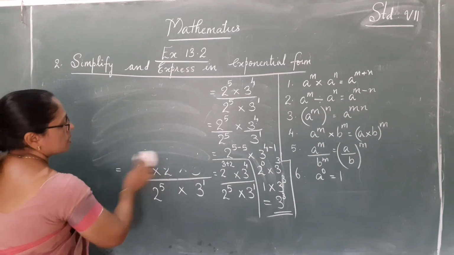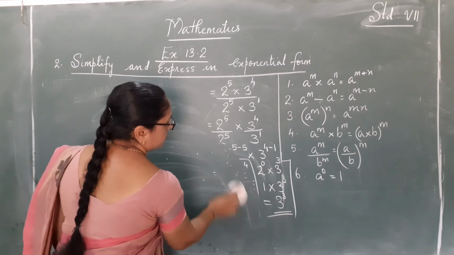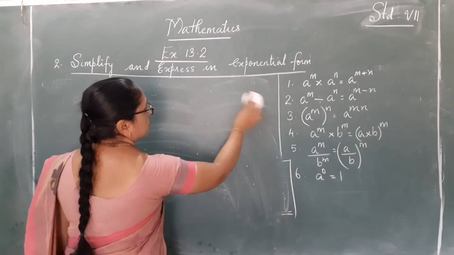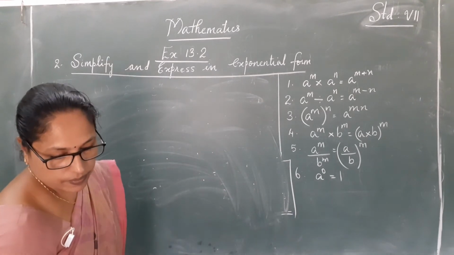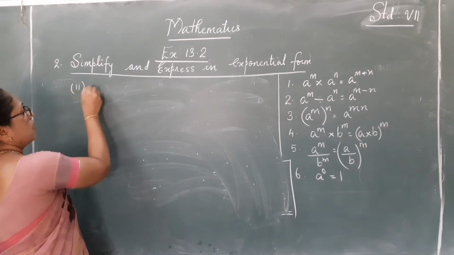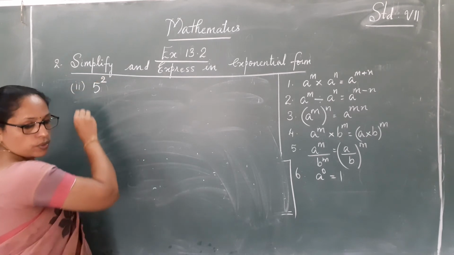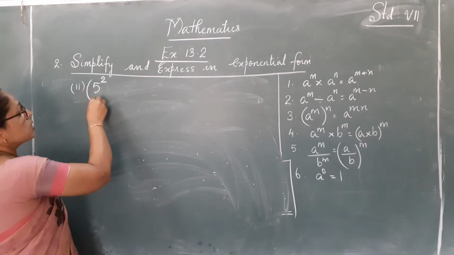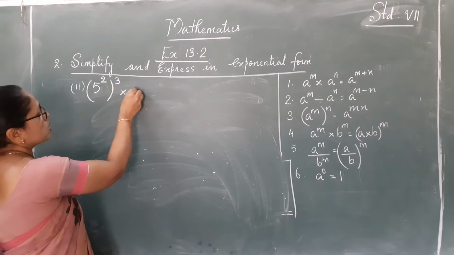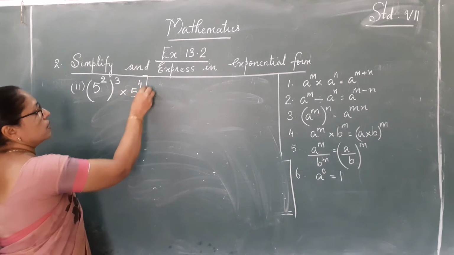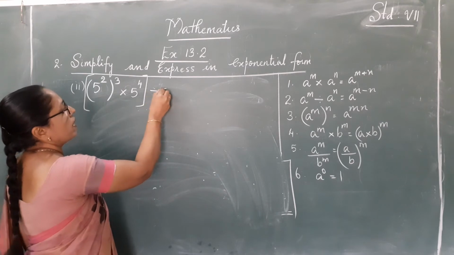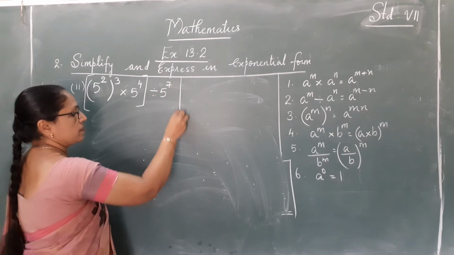Now coming to second question, second part. 5 raised to 2, the whole raised to 3, into 5 raised to 4, divided by 5 raised to 7.